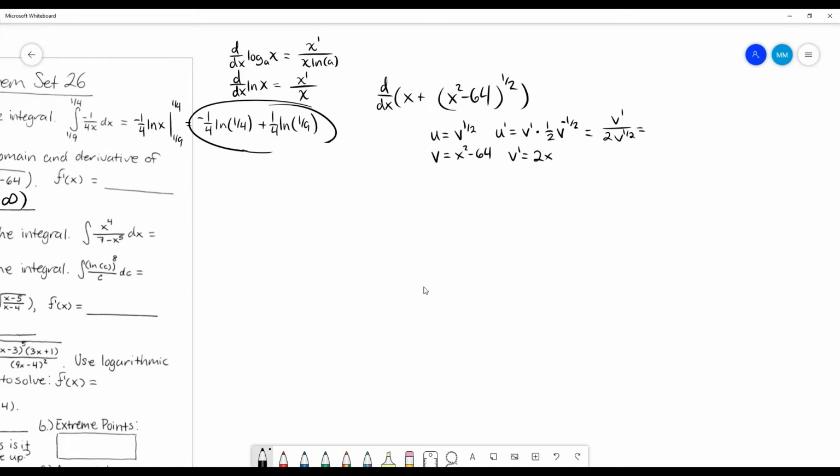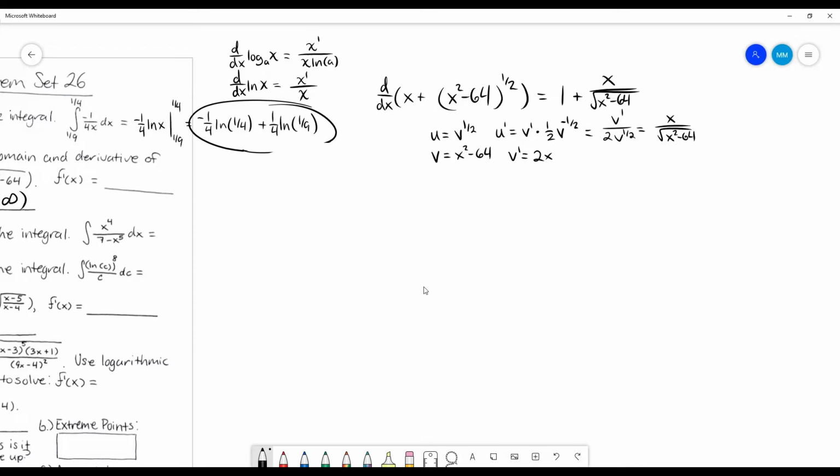So I'm going to get 2x over 2 times the original term. Those 2's are going to cancel out. It's just going to be x over the square root of the inside. So that's the derivative of this part, and of course the derivative of x is just 1. So that derivative is going to be 1 plus this here.